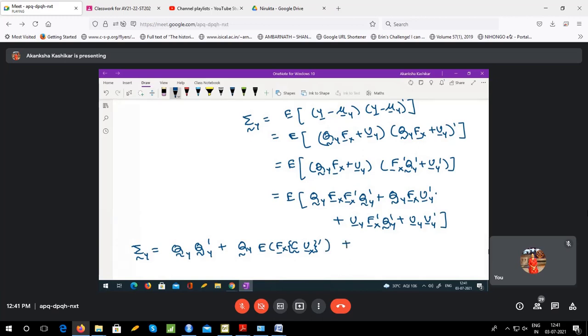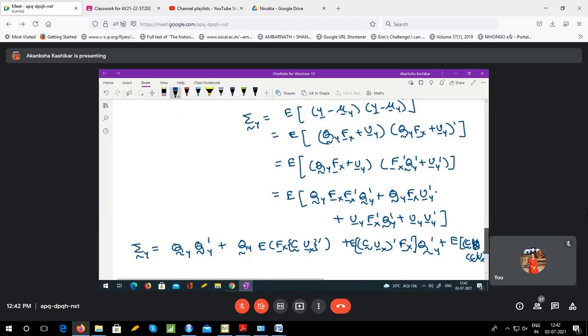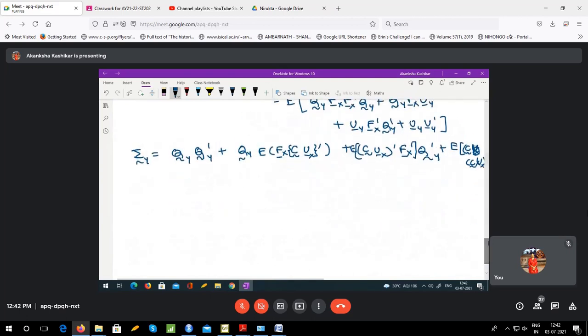Plus again (C ux) times fx prime, expectation of all these things, Qy prime, plus the expectation of, again let me substitute, (C ux)(C ux) whole prime. Everyone with me so far?